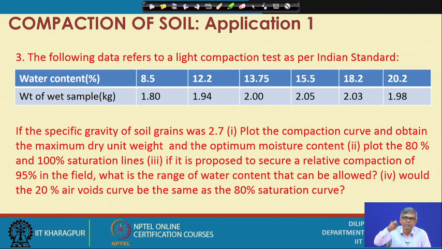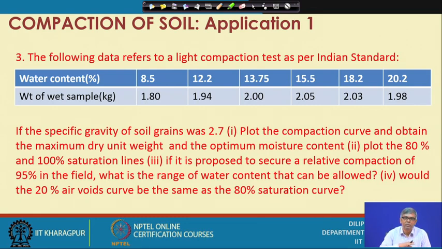That means from 30 centimeter height the hammer will be dropped on the soil, and this 1000 cc volume will be compacted in 3 layers. So 1/3 first filled up, give 25 blows, then second 1/3, then again 25 blows, third 1/3, again 25 blows.